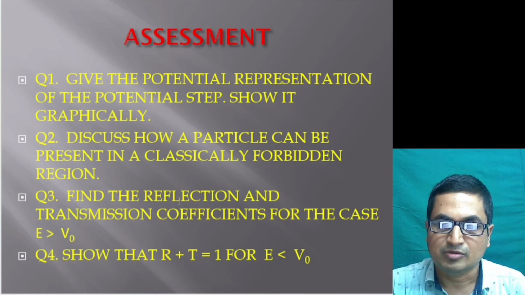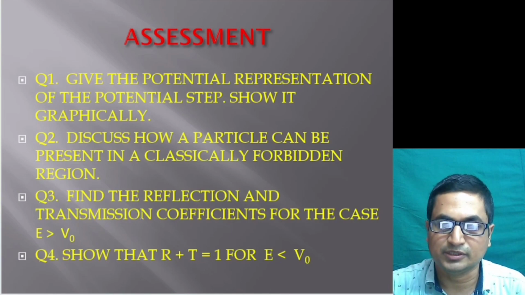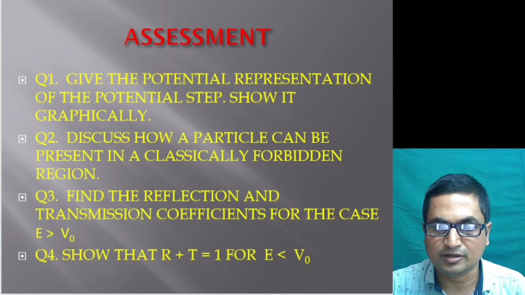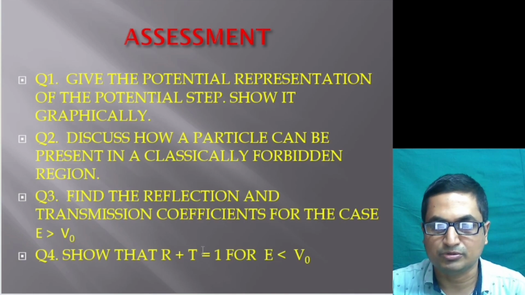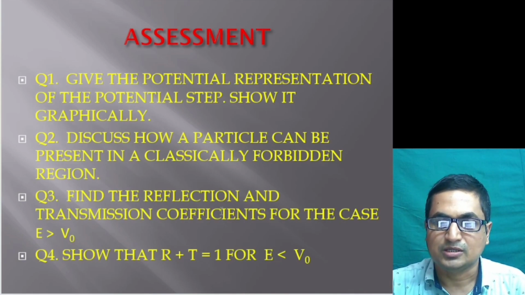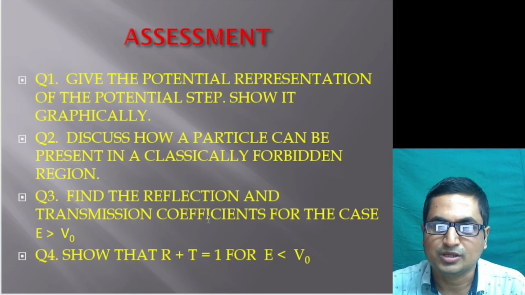And then the finding of R and T in terms of the transmitted current density, reflected current density, and incident current density, for the case E greater than V naught. And also our proof that R plus T equals 1, which we have shown throughout this video.